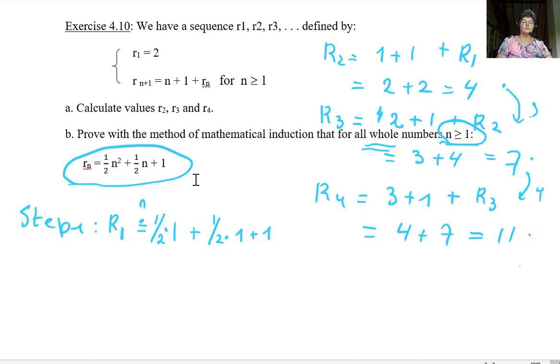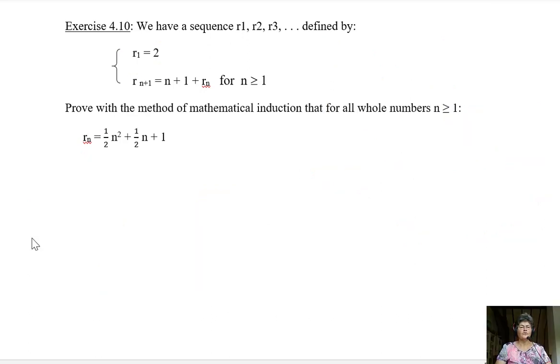So that would be a half plus a half plus 1, which would be 2. Okay, given the definition, R1 is 2, according to the definition. So 2 equals 2? Yes, check, done, no problem. So the first step was administration again.